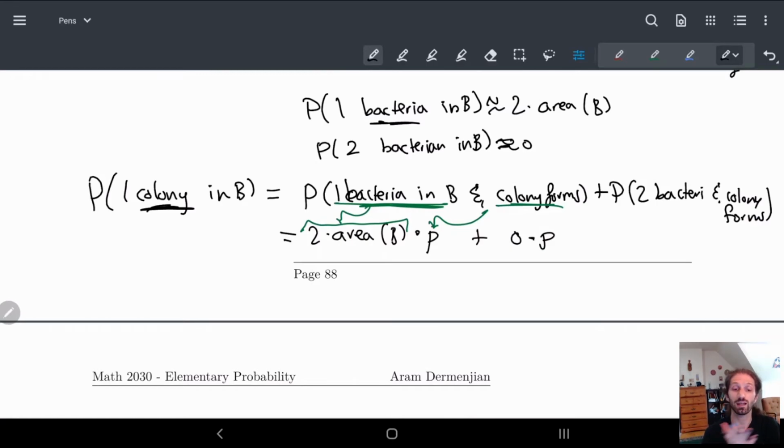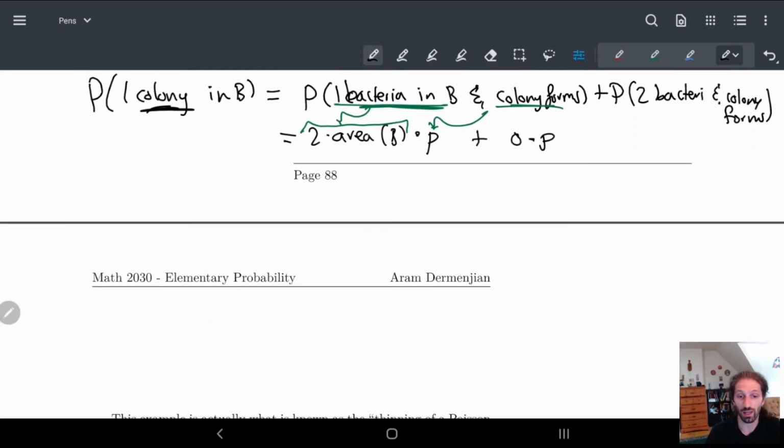Now, let's go back and let B be the entire dish. We know that B has unit area, so we're just going to assume it has unit area. That means the area of B is just 1.